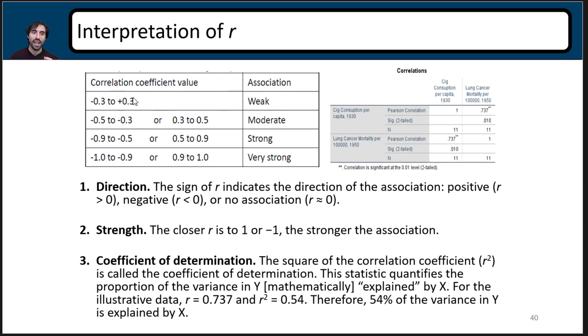If it's 0.3, we can say it's a weak positive association. Then we go up to moderate, which leads up to 0.5 or negative 0.5. Our strong would be between 0.5 and 0.9. And then we only use very strong for 0.9 to the actual 1.0, or negative 0.9 to negative 1.0.